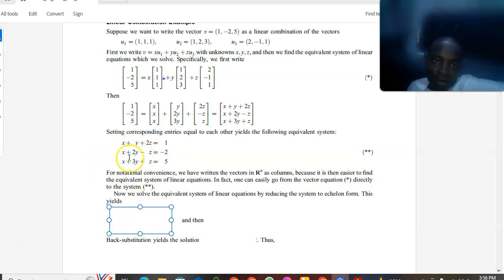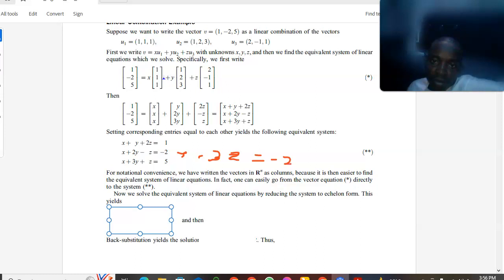So I'm going to have just y, then minus z minus 2z gives minus 3z, then minus 2 minus 1 gives equals minus 3.